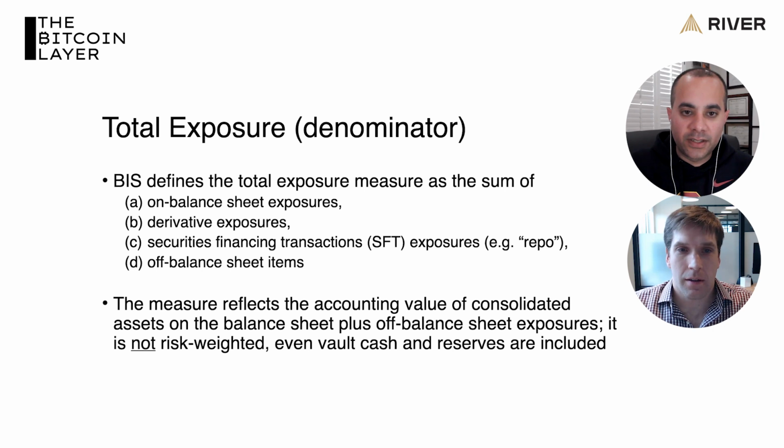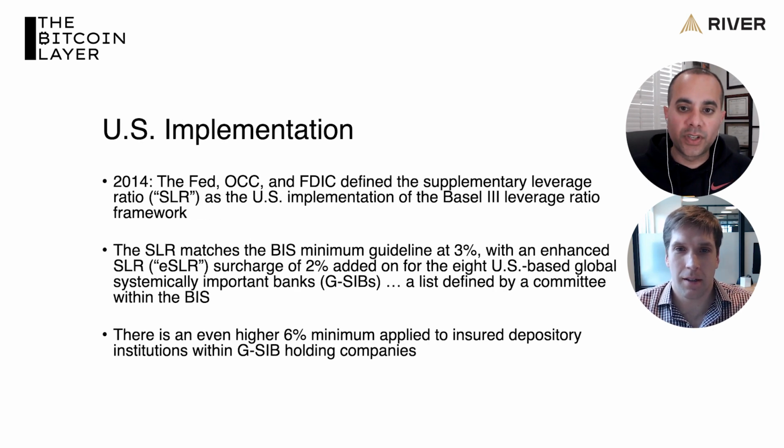Then let's get into the next slide, which here is the U.S. implementation of the SLR. So in 2014, the Fed, OCC, and FDIC defined SLR as the implementation of Basel III's leverage framework, the formula that we've been talking about. So what can you tell us about 2% versus 3%, and what's specific in the U.S. with the SLR?